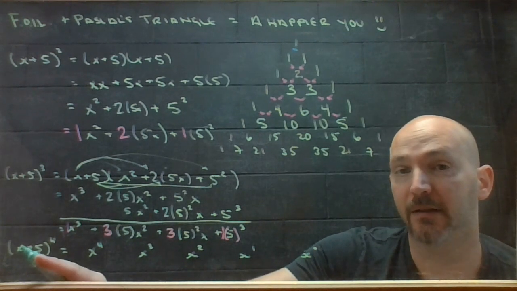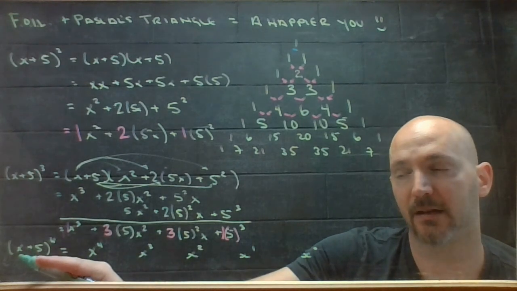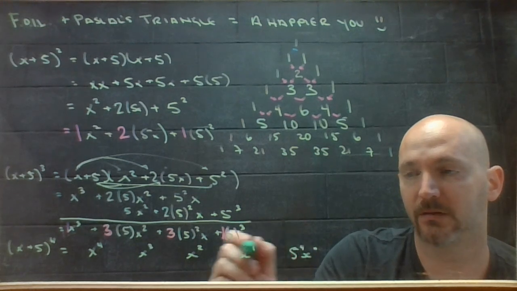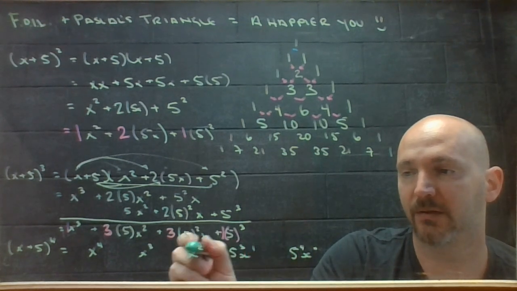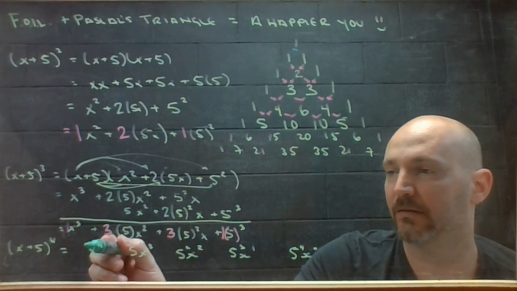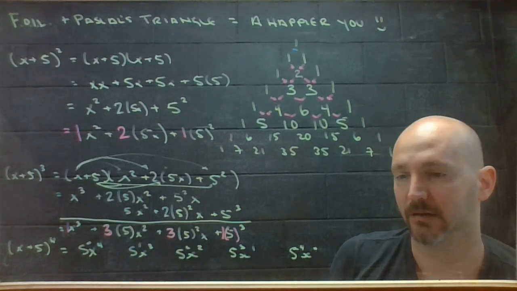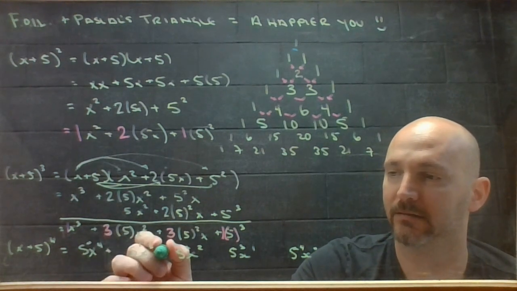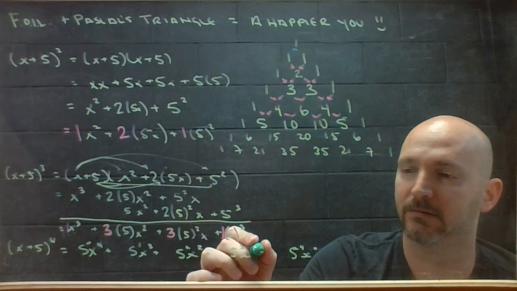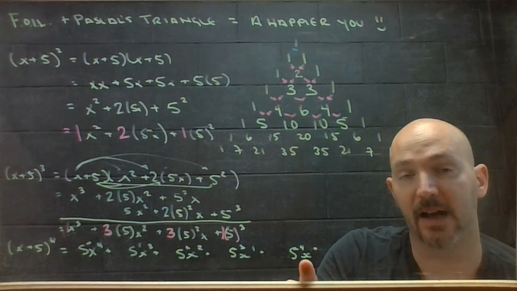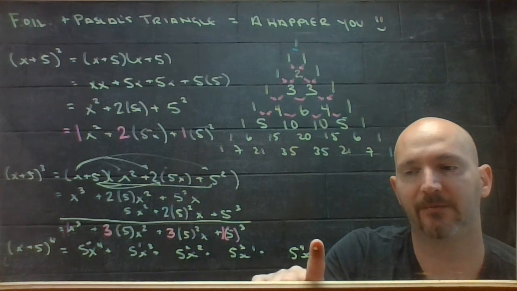From the other end, from down here, we need descending powers of 5. So 5 to the 4, 5 cubed, 5 squared, 5 to the 1, 5 to the none. These are all added together. Now this x to the 0, might as well not write it.